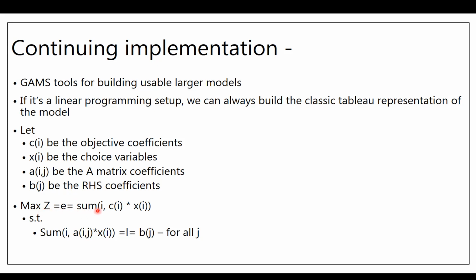We have a maximization problem. This is the equal sign in GAMS, remember, for an equation. We're going to sum over the activities, the objective, either cost or return, times the activity level, and then in each constraint we're going to sum over the activity, the A coefficient times the activity level, less than or equal to B sub j for all j.